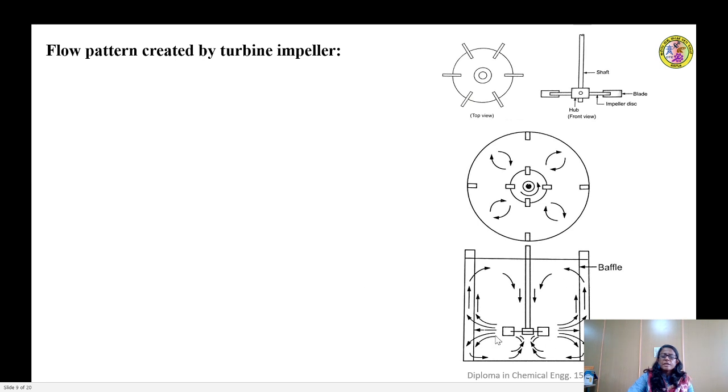Just like the propeller impeller, the impeller can be mounted at the center if the vessel is baffled. If the baffles are absent, then to have the right kind of mixing action, that is a flow current free from swelling and vortex formation, you need to mount the impeller either at the side or in an angular position inside the agitation vessel.